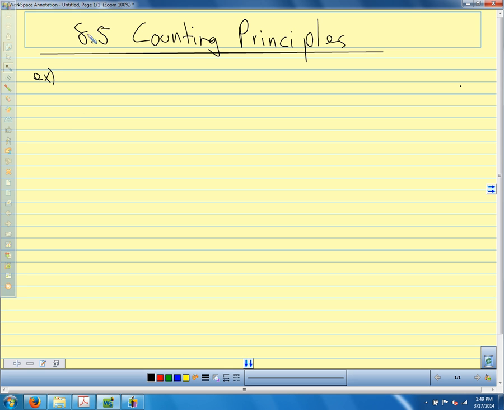So let's say we have an urn with 6 balls, numbered 1 through 6. For this first example, we're going to pick one out, write down the number, put it back, pick another one out, and write down the number.